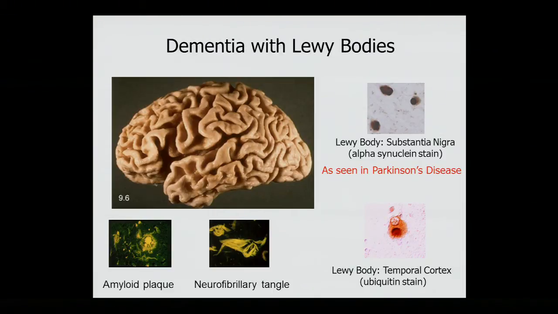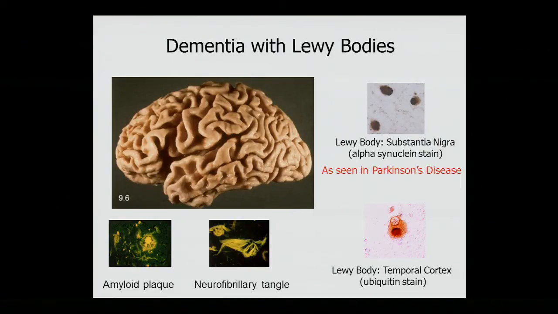The primary histopathologic lesion or inclusion in Parkinson's disease is the Lewy body. These Lewy bodies are found in subcortical structures like the substantia nigra, and that leads to the movement problems that you often see, the tremor and gait problems and so on.